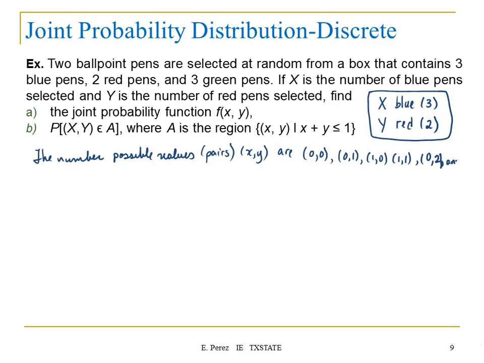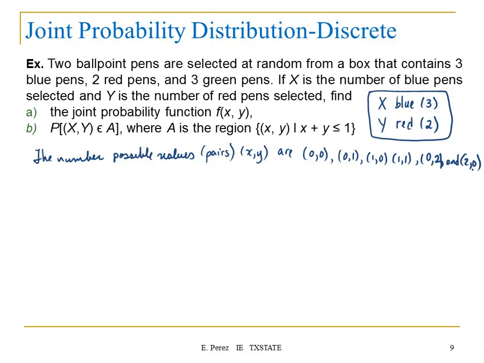And we can have 2 and 0. So those are the options, or the outcomes, that we can have for this experiment. Remember, 3 blue, 2 red, and we are trying to pick 2 from the box and see how many reds and blue we have. So those are the outcomes for this experiment.